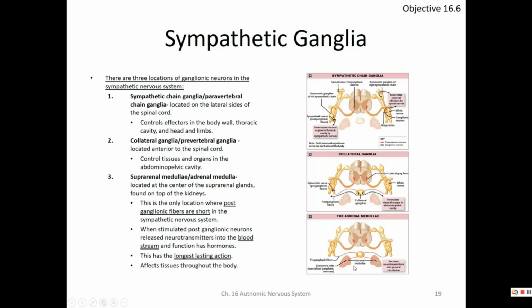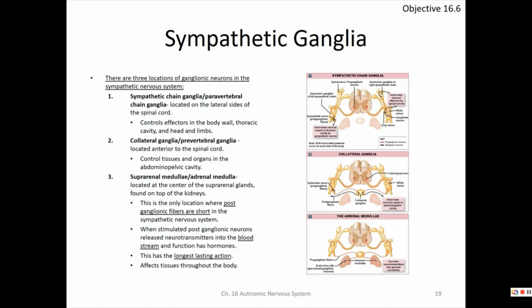And suprarenal medulla. This is, right here we have our adrenal glands. They sit above the kidneys, hence supra, above, suprarenal kidney. Above the kidney is a gland called the suprarenal gland. Inside that gland is a layer called the suprarenal medulla.